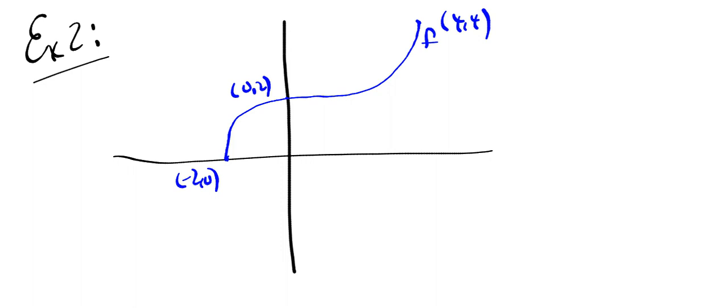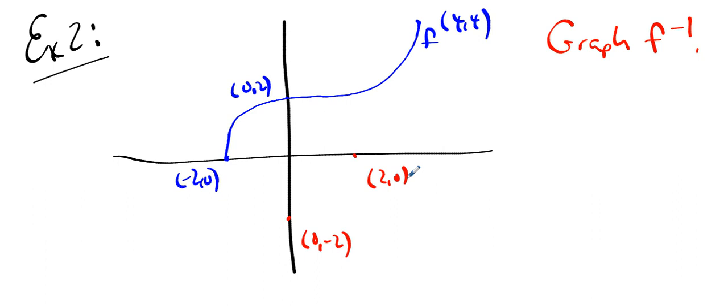And we'll pretend that I'm interested in graphing f inverse. Well, how do you graph f inverse? Well, (-2, 0) flip-flops to (0, -2), and (0, 2) flip-flops to (2, 0), and (4, 4) kind of flip-flops to (4, 4), and you get some graph that looks like this.